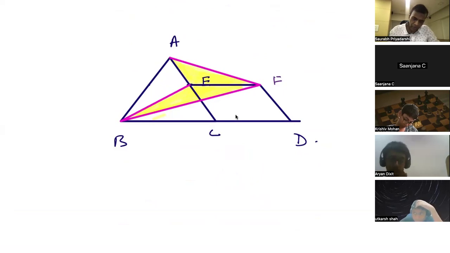Just first, I'll go with the area of the triangle AEF. This one, right? Area of AEF and BEF.